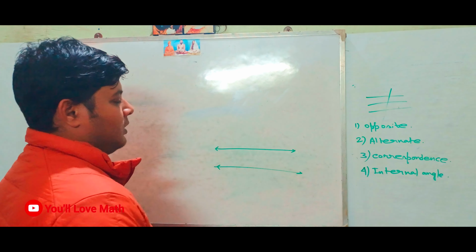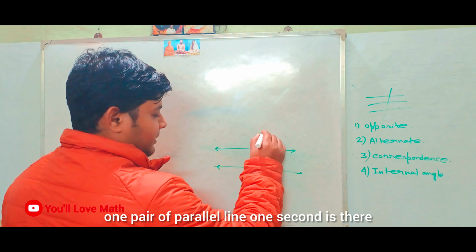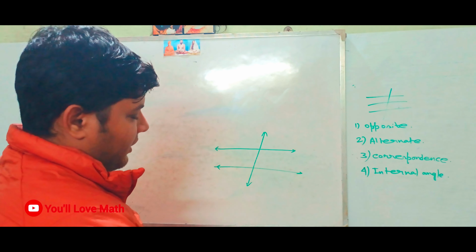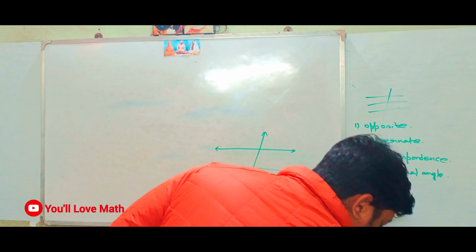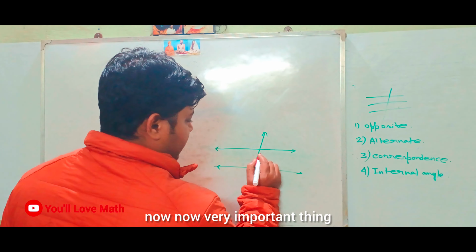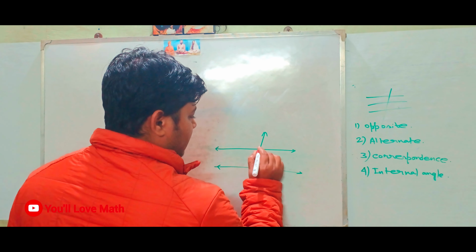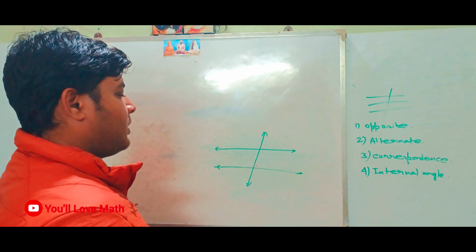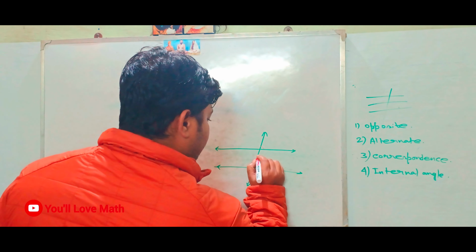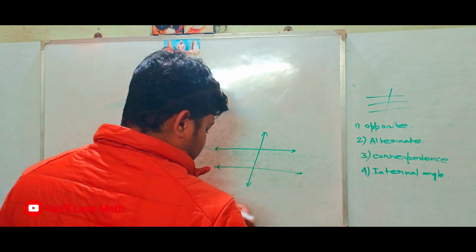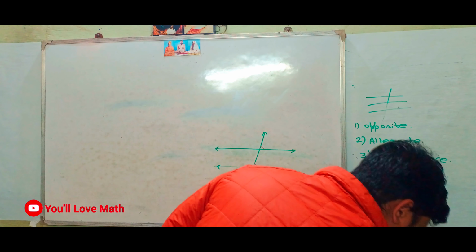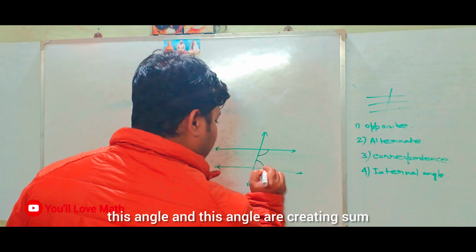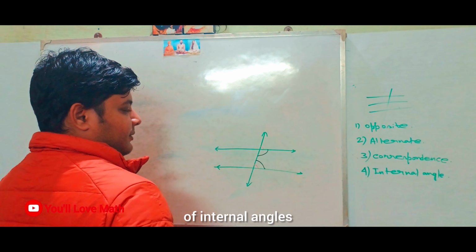These are a pair of parallel lines, and there is a transversal. Now, very important: this angle and this angle will be equal. Why? They are correspondence angles. Again, this angle and this angle are creating the sum of internal angles.